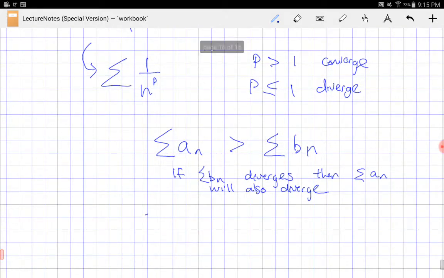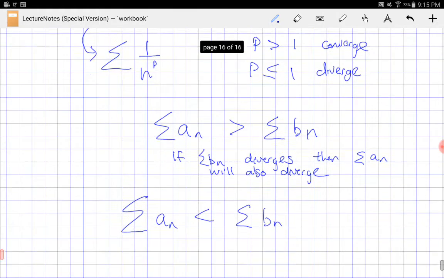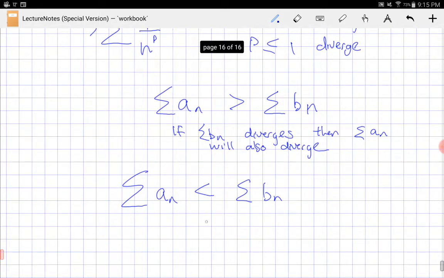Conversely, if the sum of an is less than the sum of bn, and you know that bn converges, so it goes to some finite number, then an also has to be a finite number, because if an is unbounded, then it can never be less than a finite number.